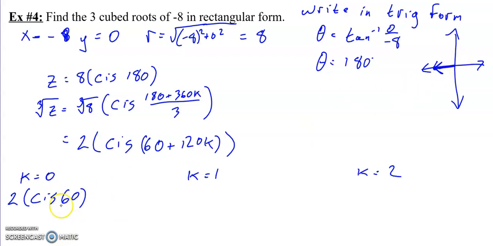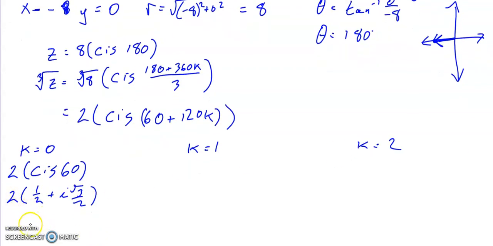The cosine of 60 is 1/2 plus i sine 60, that's going to be i radical 3 over 2. So then 2 times, to distribute the 2, I am going to get 1 plus i radical 3.